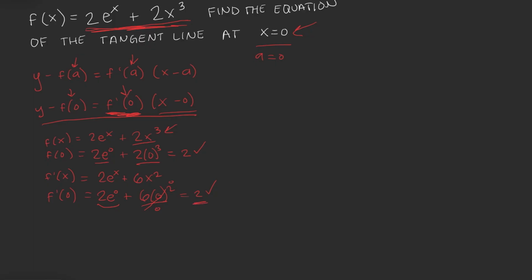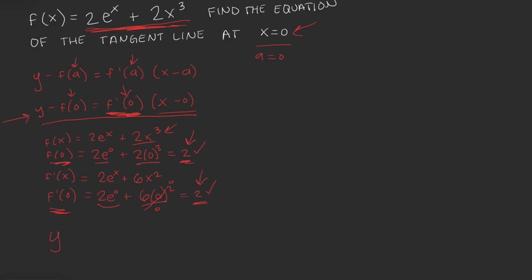Okay, so we know that the original function evaluated at 0 equals 2, and the derivative of the function evaluated at 0 also equals 2. So all we have to do now is plug it in to the original format, which is right here.